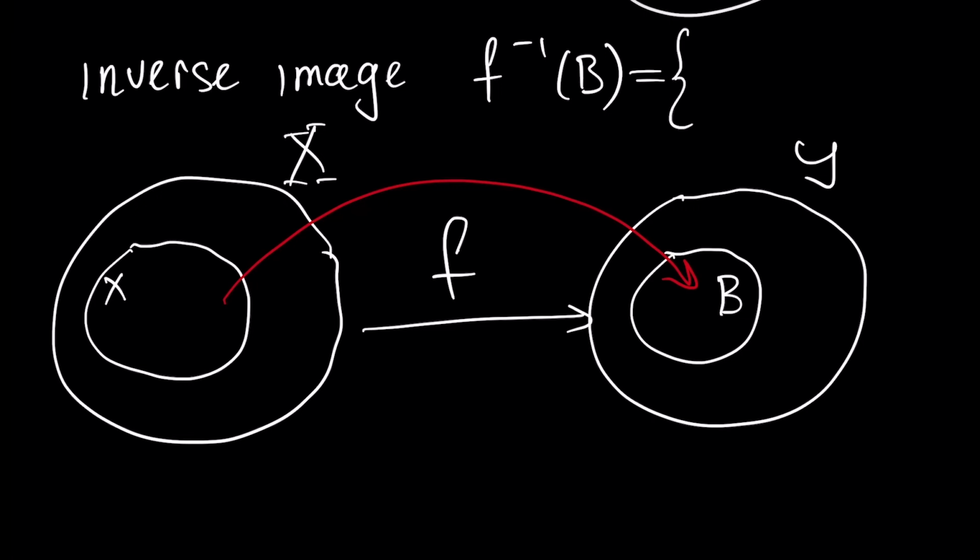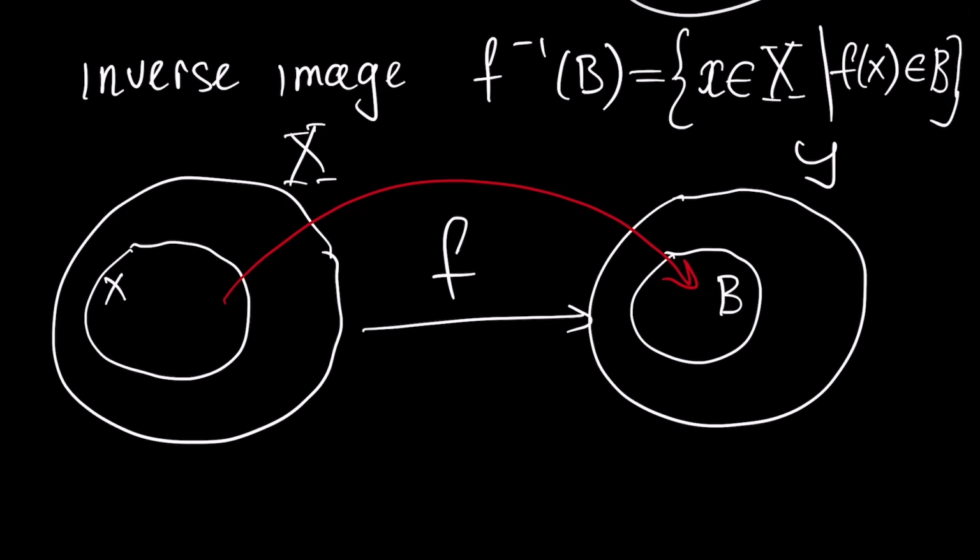This is all elements small x in X such that f of x is inside B. So all elements here such that after mapping are transformed into elements of B, called inverse image. This is a subset inside set X. This inverse image is also called pullback.